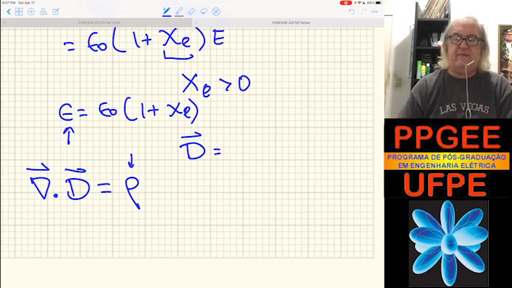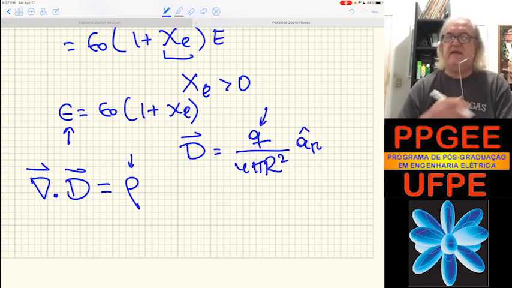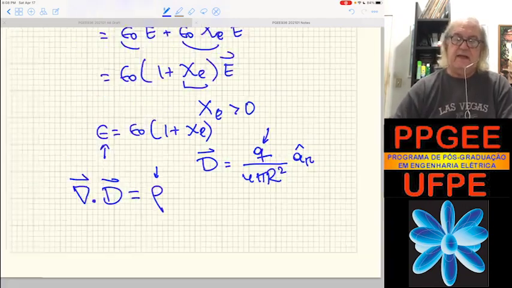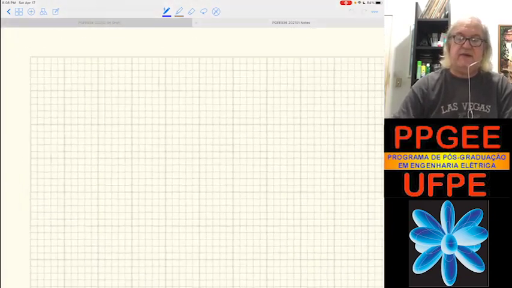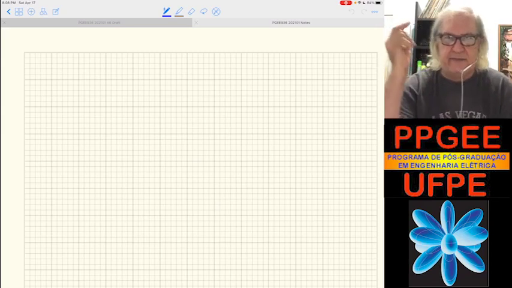So D for a point charge would be Q divided by 4 pi r squared. There's no epsilon appearing, right? Free charge Q, either in vacuum or in a medium having permittivity epsilon, will have the same value. But you have to be careful when you deal with charge distributions immersed in dielectric media.